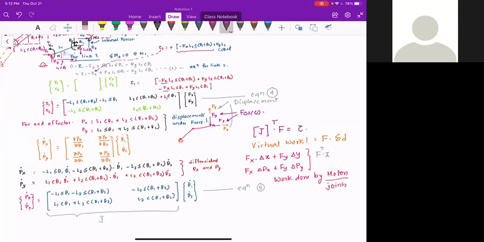And that work is nothing but tau 1 multiplied by delta theta 1 plus tau 2 multiplied by delta theta 2.